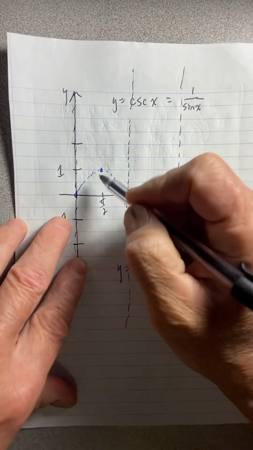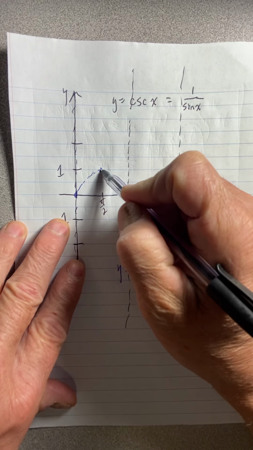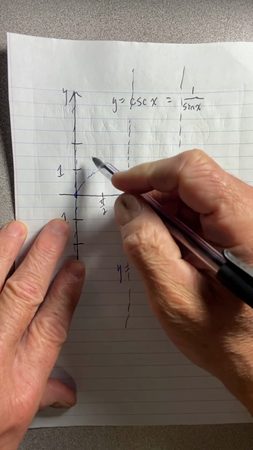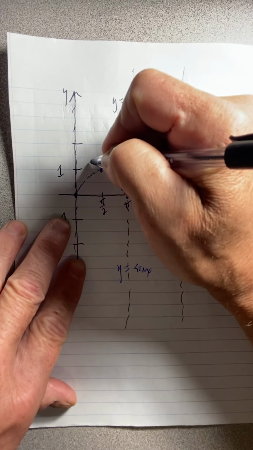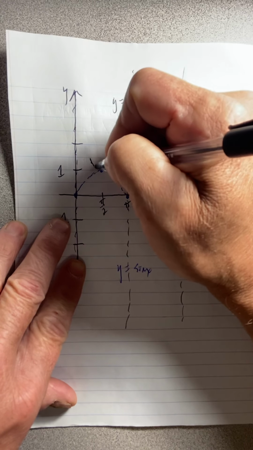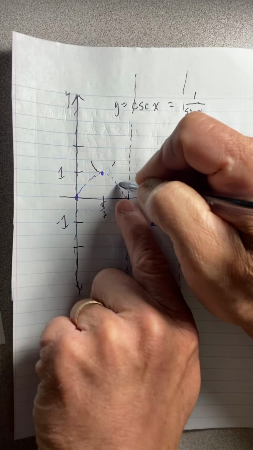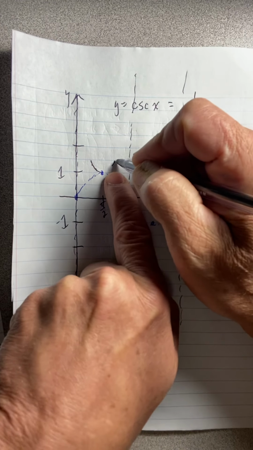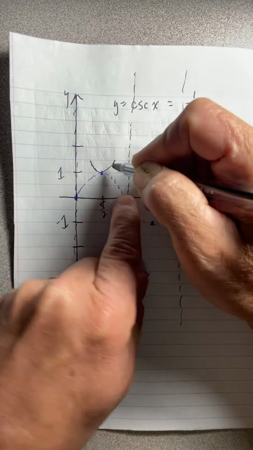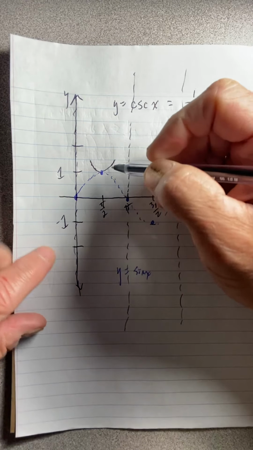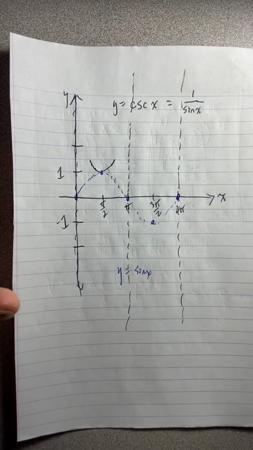Okay. Then as the outputs get close to 1, I know the reciprocal outputs will also be getting close to 1. So as we go backwards here and these y values go up to 1, these y values will be going down to 1 because they're the reciprocal of these values. So this information gives us everything we really need to know.